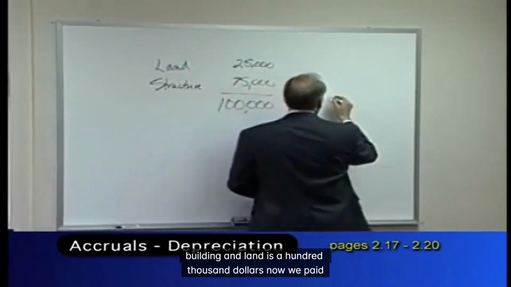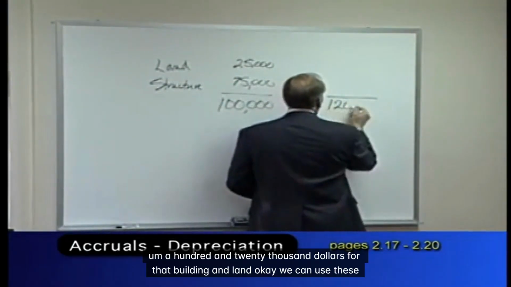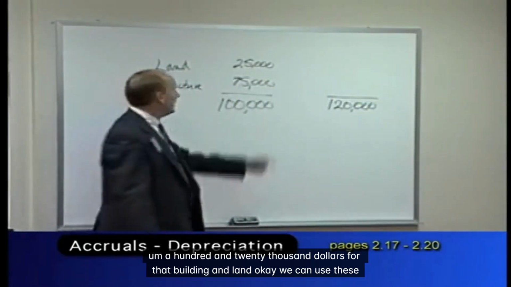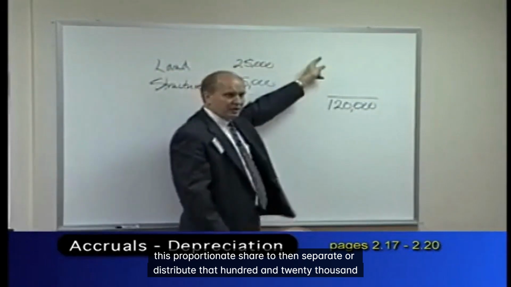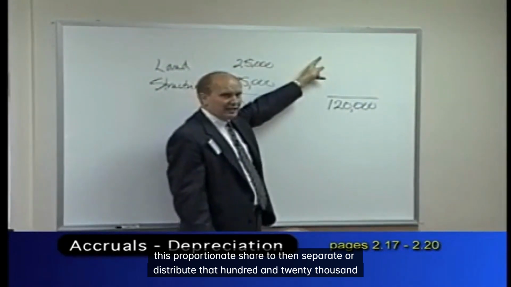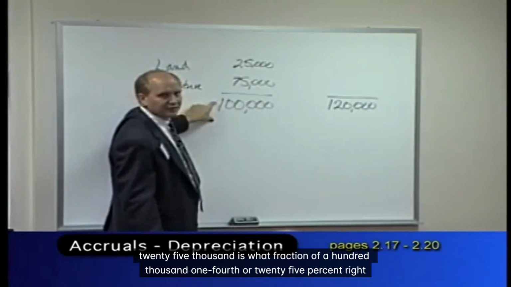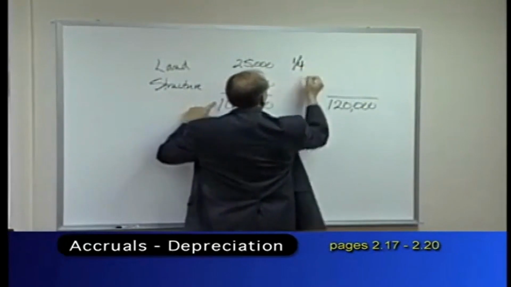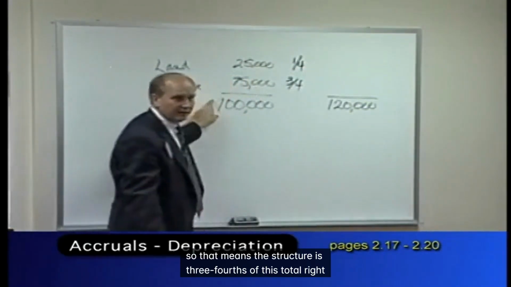Now, we paid $120,000 for that building and land. Okay? We can use this proportionate share to then separate or distribute that $120,000. $25,000 is what fraction of $100,000? 1/4 or 25%, right? So that means the structure is 3/4 of this total, right?